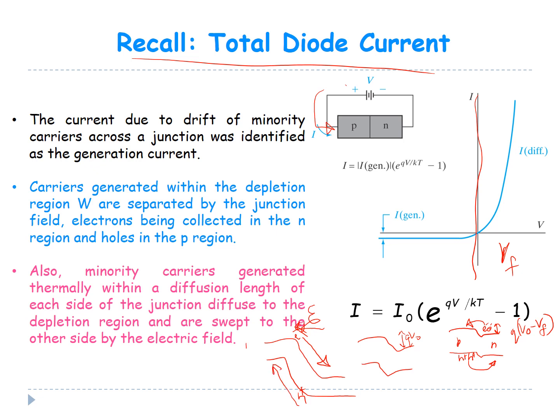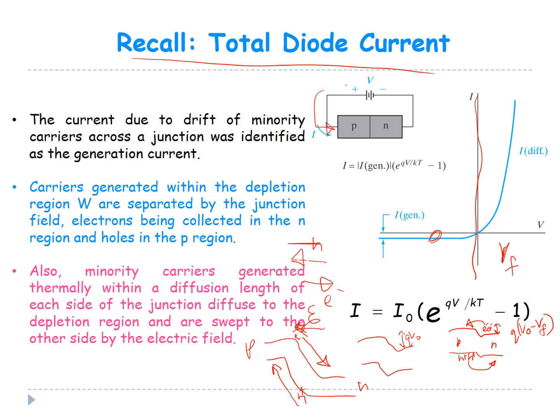Remember, this is your P, this is your N. Due to this electric field, holes should go that way and electrons should go the other way. So the current here is due to carriers finding their way to the depletion region and being swept to their respective sides by the built-in field.